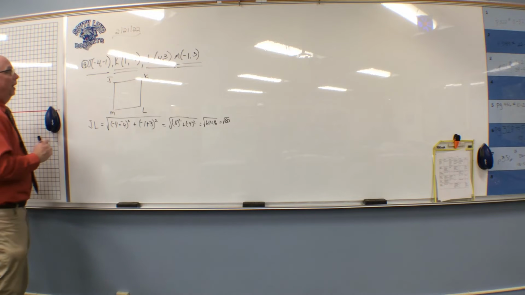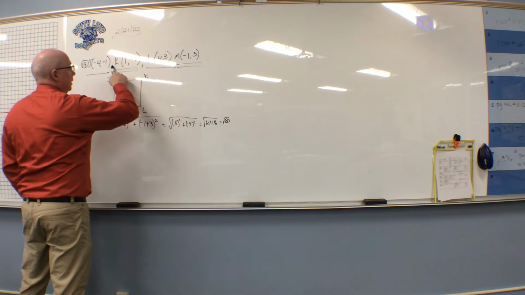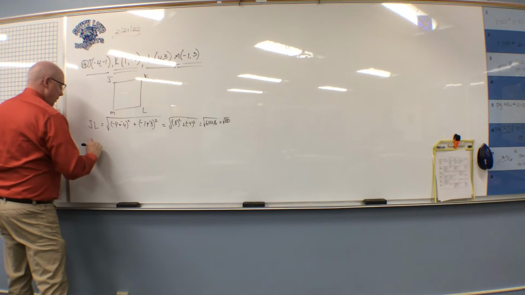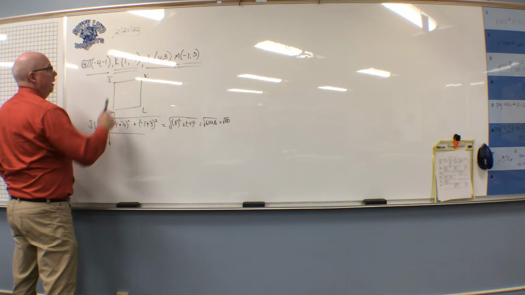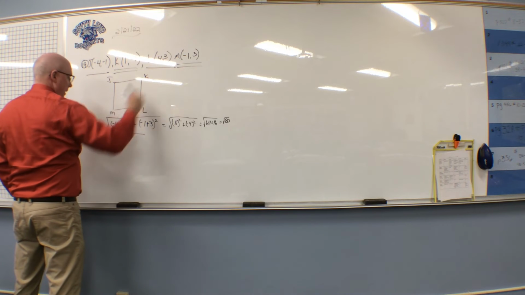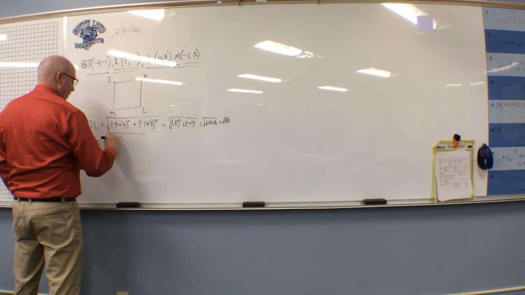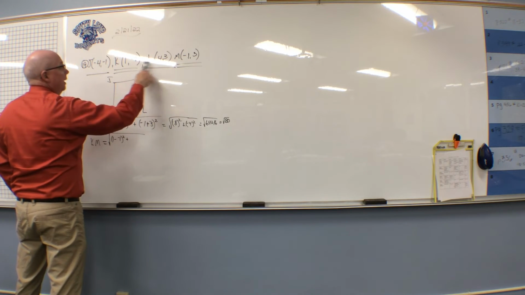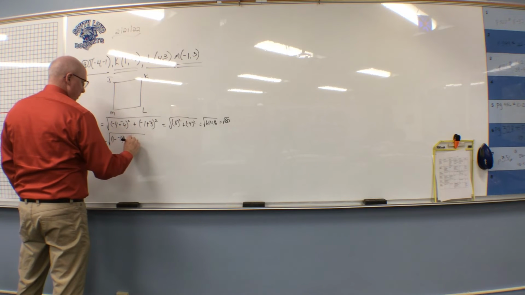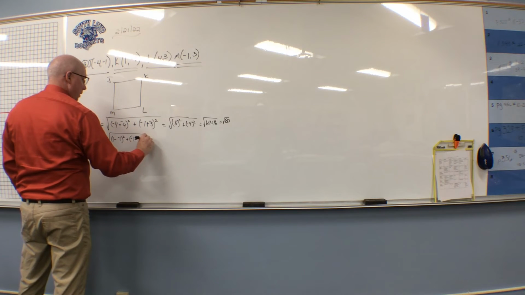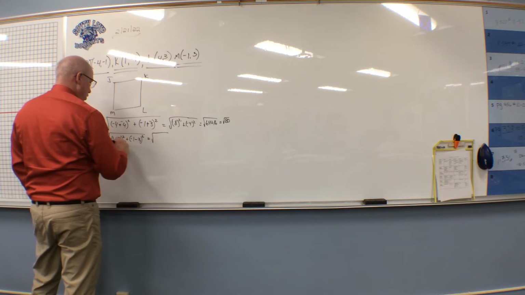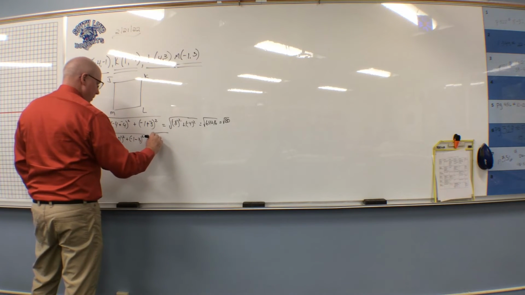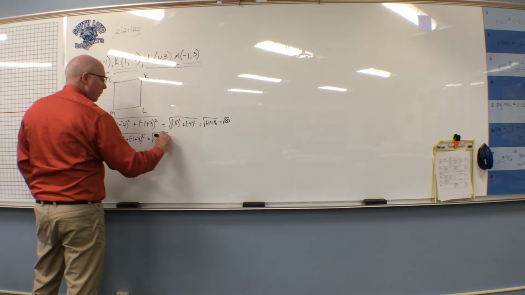Now, I'm going to check KM. The distance of KM, the same way, I do the distance formula. K is 1 minus -1, quantity squared, plus -1 minus 3, quantity squared, which I believe is the square root of 2 squared plus -3 squared.